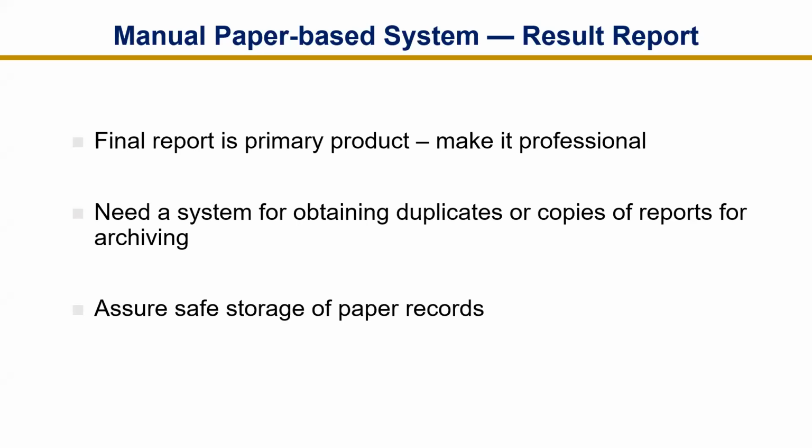And we need to find a way to make sure that we have copies. One way is to register the results in a bond book, for example, or use other means of copying and archiving.